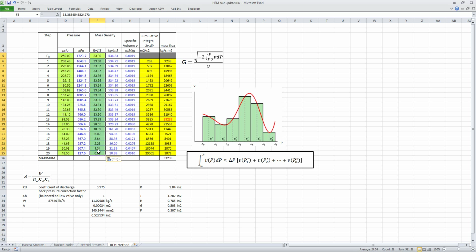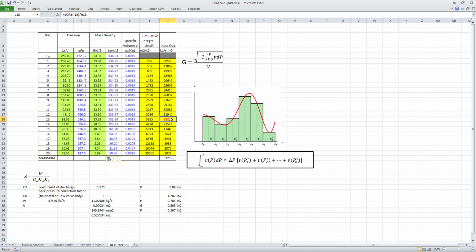Once we enter these series of data, the specific volume and cumulative integral is calculated in our Excel sheet. And based on that, we can see the maximum mass flux.